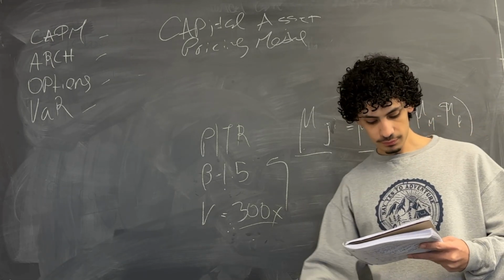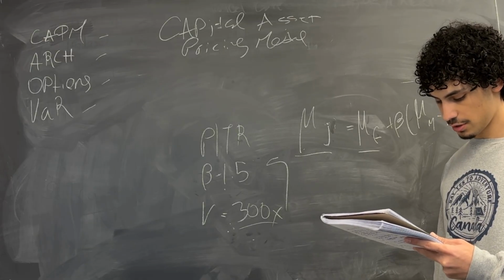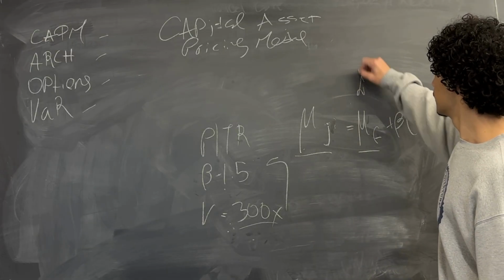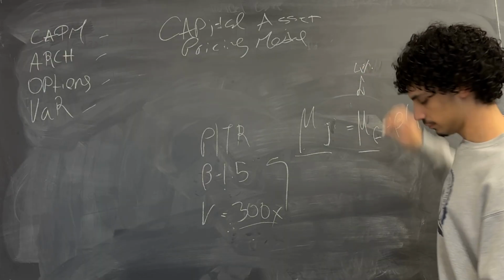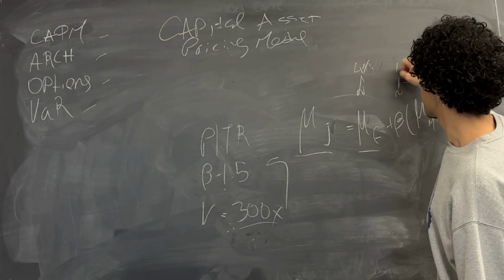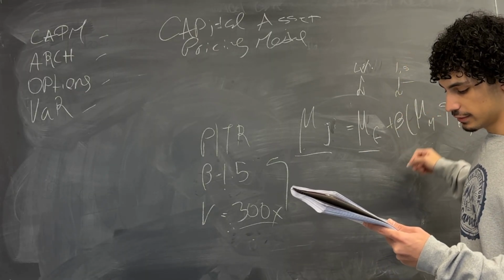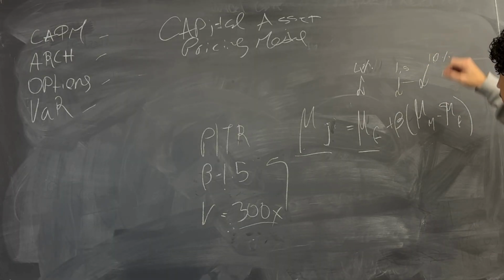Let's assume the risk-free return is 4%. Beta here is 1.5, as we said. And the market return is 10%.